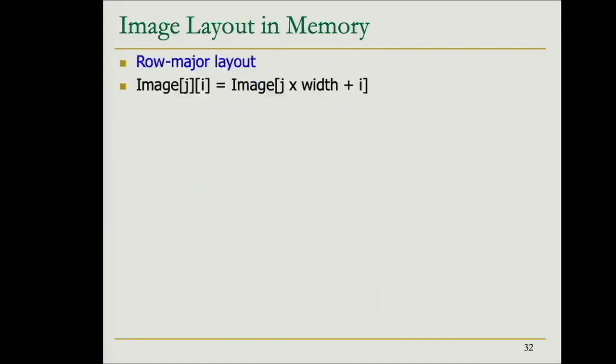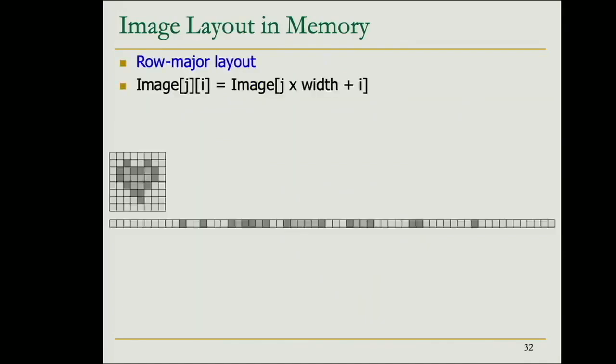The way this image is mapped in memory in CUDA and in OpenCL, same as in C programming, is a row-major layout, meaning that the entire image is stored in memory as a linear array, and we store row by row. The distance between this element and this element is a stride that has the same value as the width of the image.